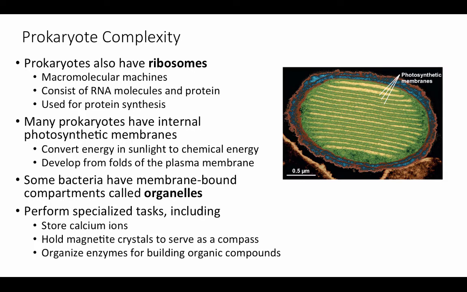One of the great benefits of having these separate membrane-bound chambers is that you can hold all of the molecules that you need for a particular biochemical pathway close together and keep that biochemical pathway running smoothly.